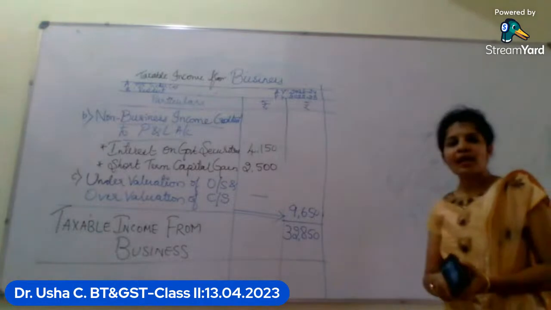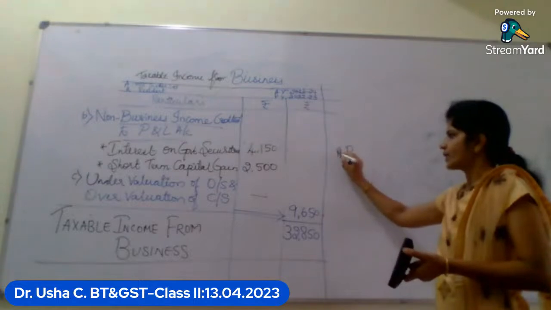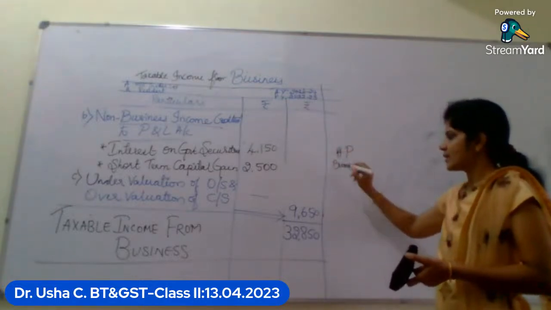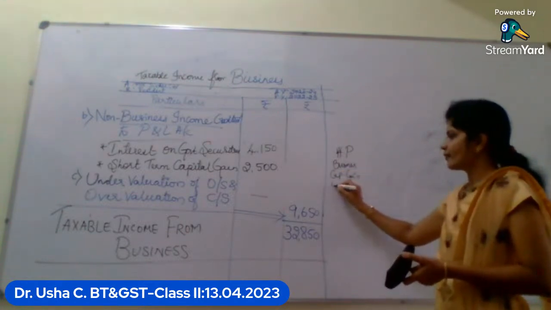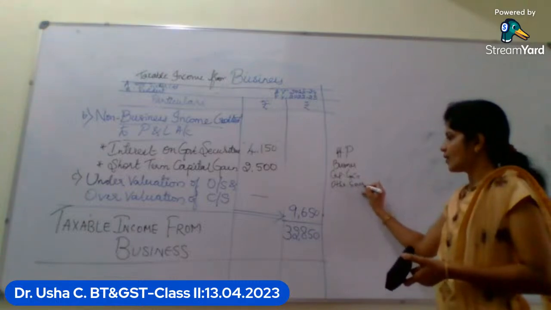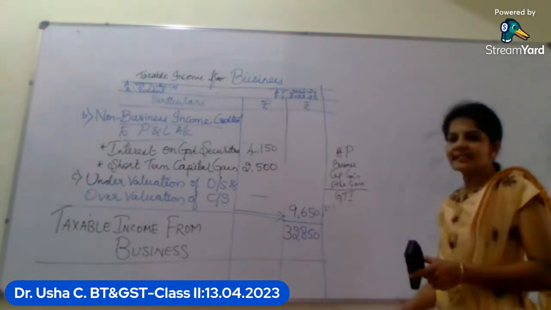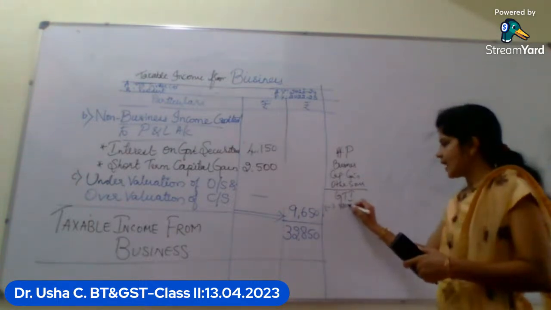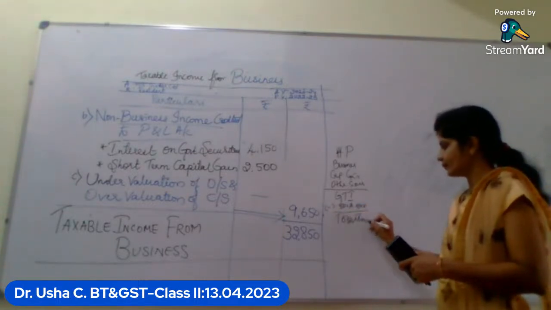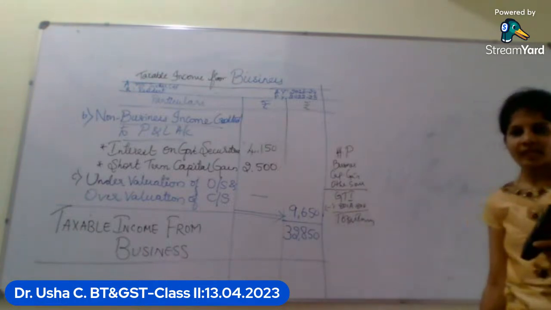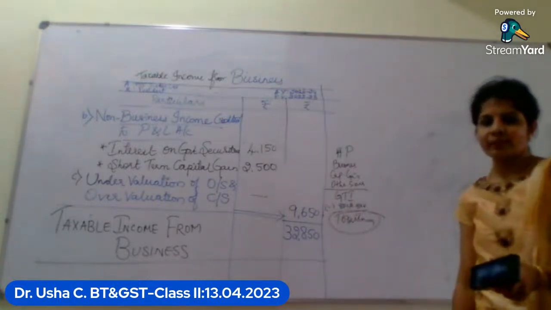Put together all four heads of income: taxable income from house property, taxable income from business, taxable capital gain, and taxable income from other sources. Put together all these four, you will get gross total income. And if you give any deductions under section 80IA to 80U, the balance you get is called total income. Correct? Yes.